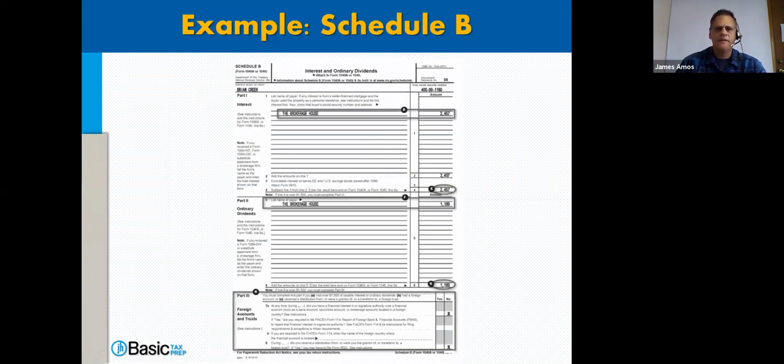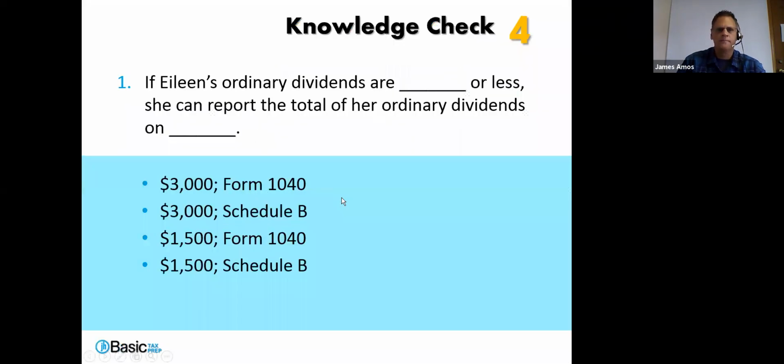And this is a Schedule B that's filled out. There's a brokerage house. Even though there's only one entry, the total amount for interest was more than $1,500, so they had to put it here, and then it carries through. And because they had to do Schedule B for this, they went ahead and put the dividends on here, even though they're under $1,500, and these amounts will just carry through to the 1040.